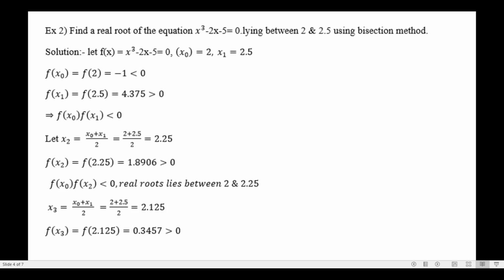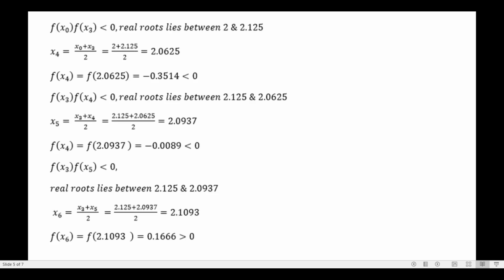That means here we got greater than 0. In the previous calculations we took less than 0 quantity. For f of 2 we get less than 0, but f of 2.125 greater than 0. That means we say the root lies between 2 and 2.125.